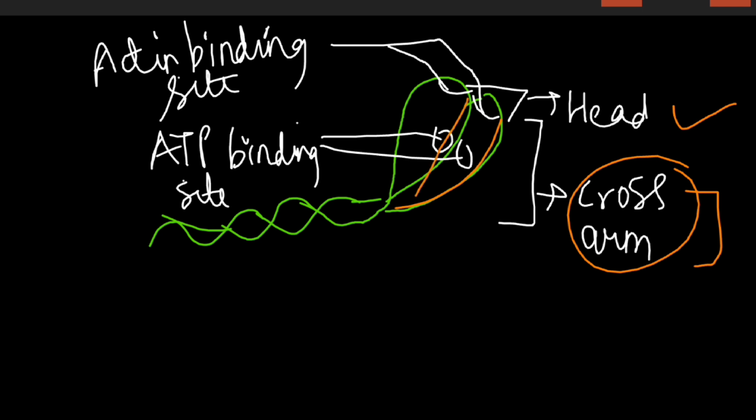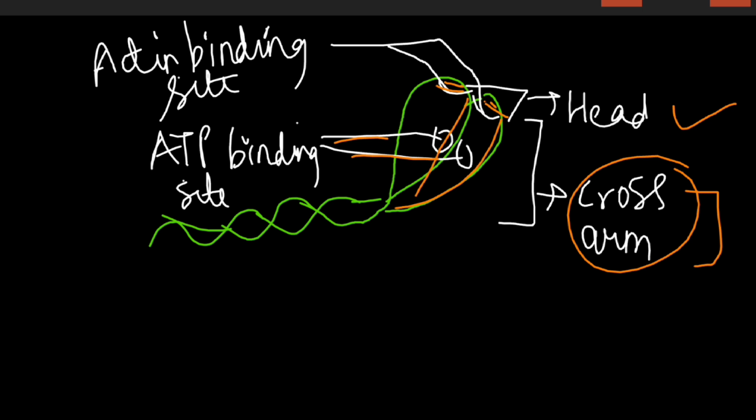This portion which is present is called the cross arm. So there is an active binding site which is present. This is the active binding site, and there is an ATP binding site. So this is an ATP binding site, and this is an actin binding site.